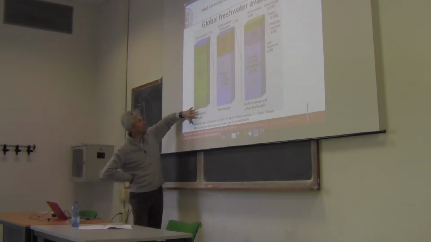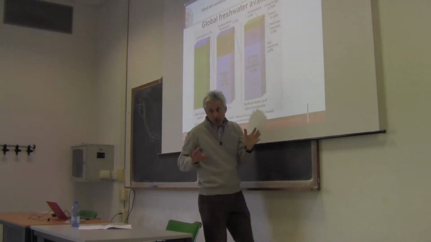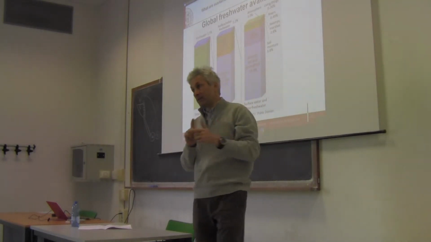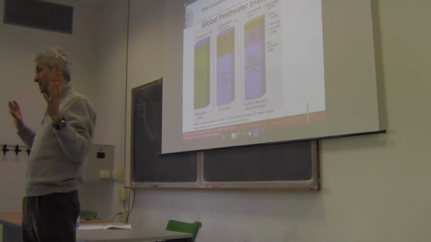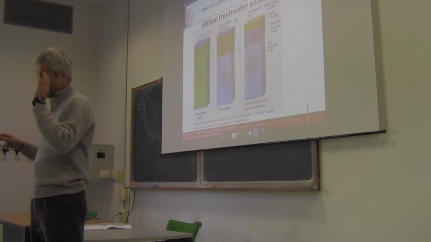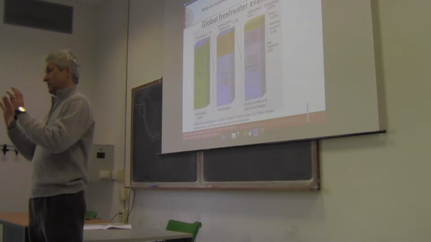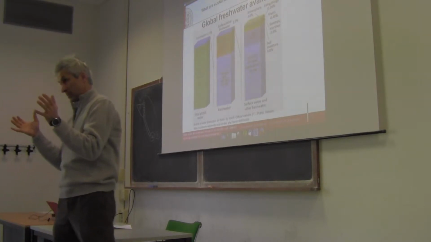This is total global water. Keep in mind that water is not generated and is not destroyed, unless something really bad happens, like it happened on Mars, which I think I already mentioned to you. The total volume of water on Earth is a constant.